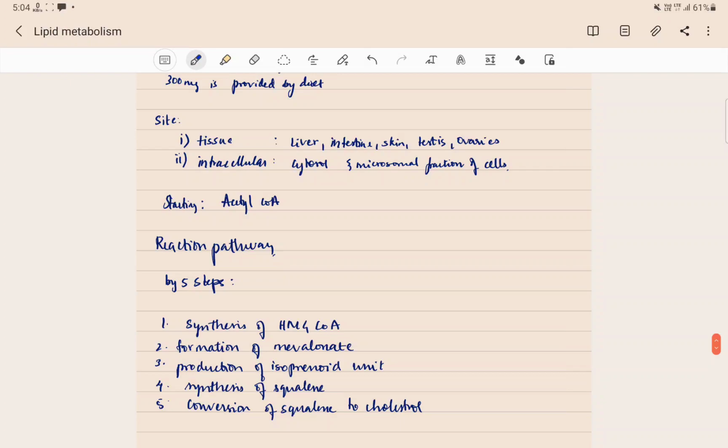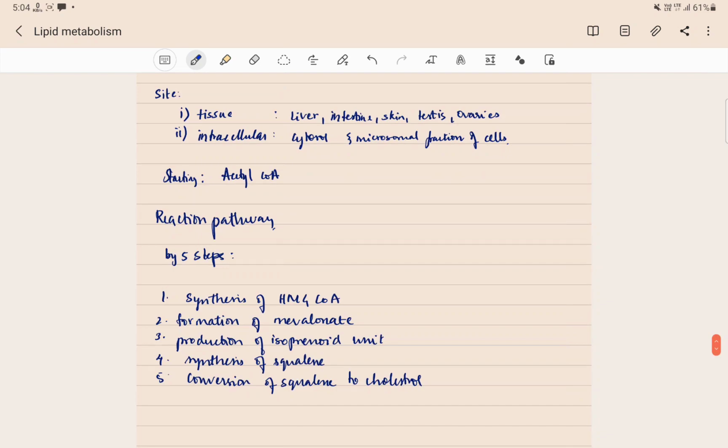The sites where cholesterol synthesis occurs are the liver, intestine, skin, testes and ovaries. In the cell, the cytosol and microsomal fraction produce cholesterol.